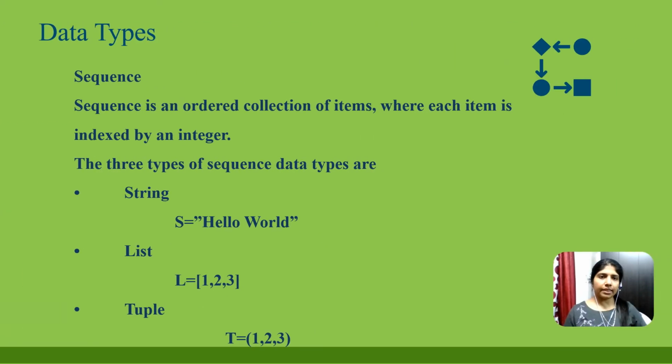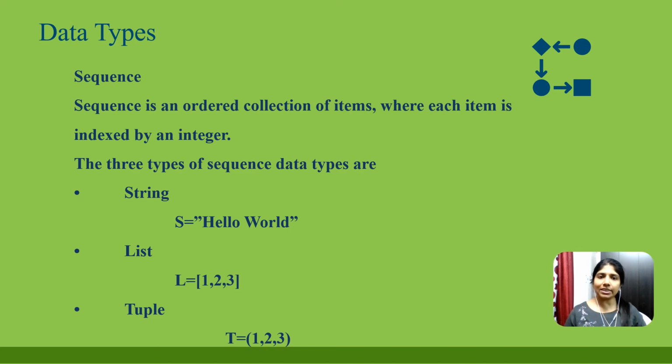The next data type we are learning is sequence data type. Sequence is an ordered collection of items. Ordered collection means what? In sequence data type, all the items are sequentially arranged, or indexed. All the items have an index number associated with them. There are three types of sequence data type in Python.